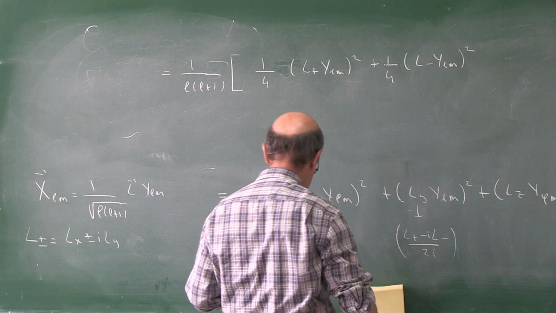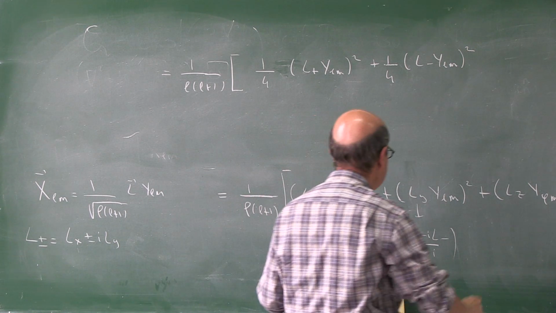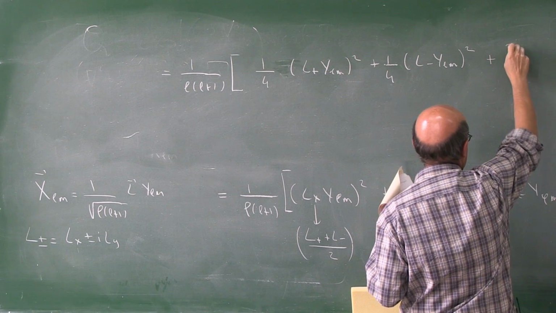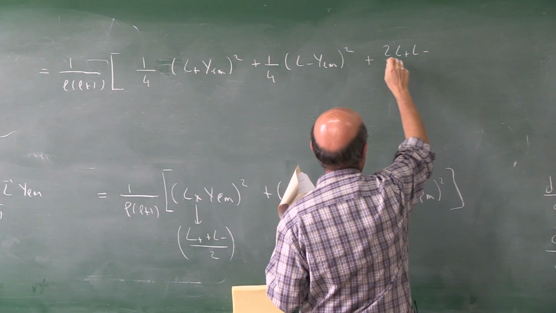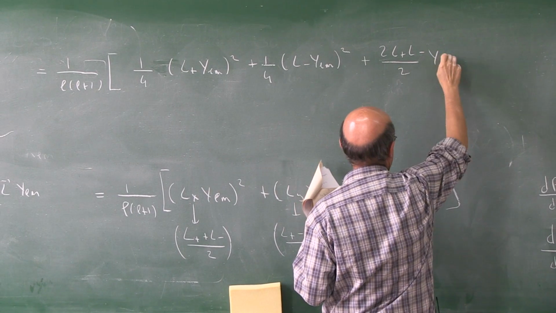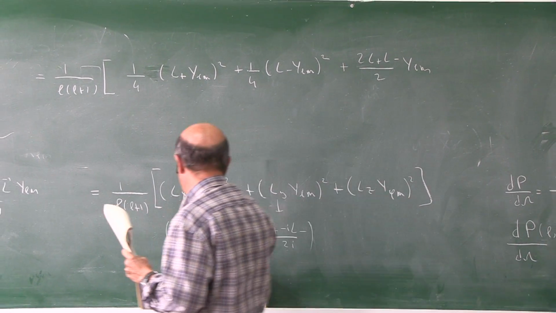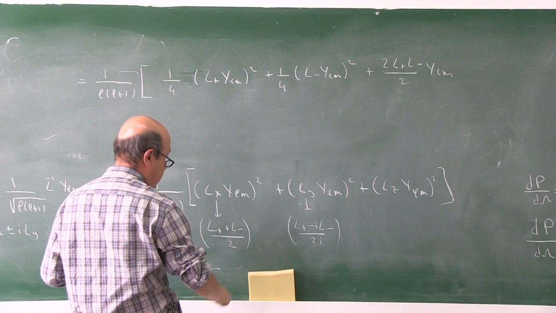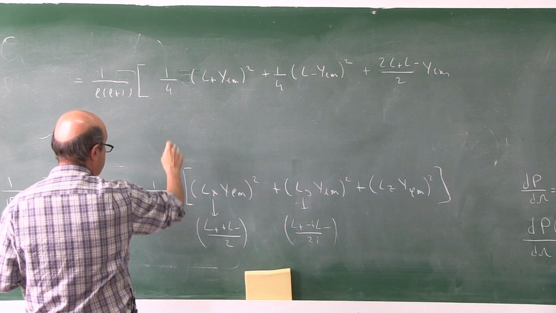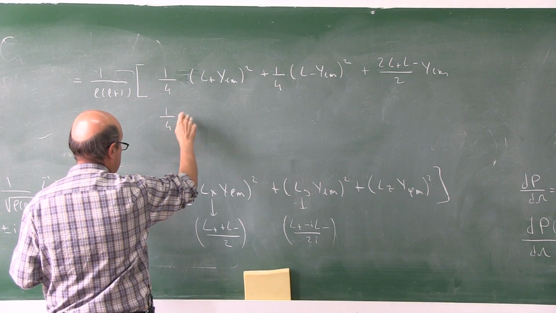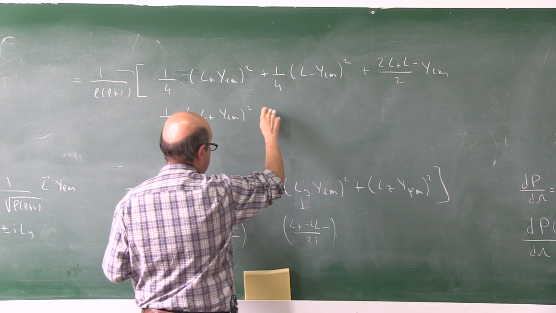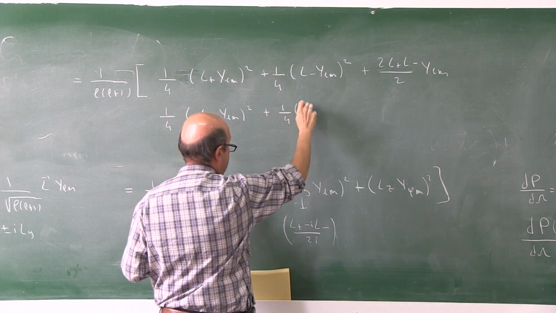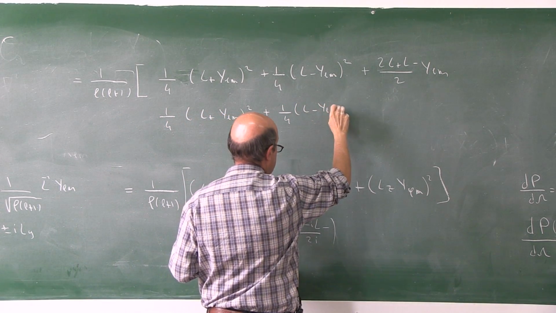The cross term will be plus 2 L plus L minus over 2 YLM. So I open this square. If you do the same thing to the second one, you will obtain 1 over 4 L plus YLM square, 1 over 4 L minus YLM square.